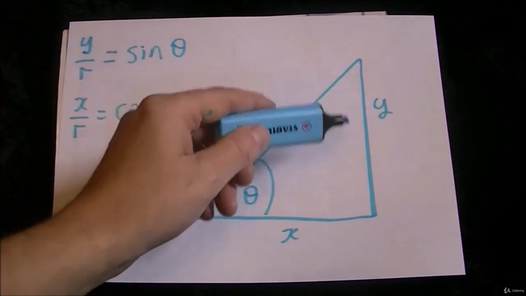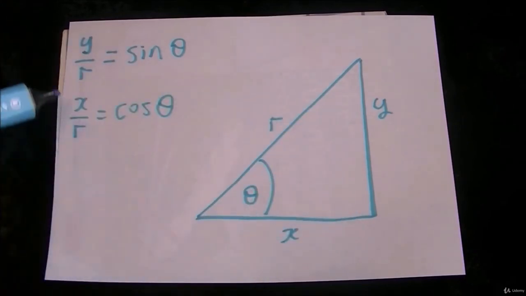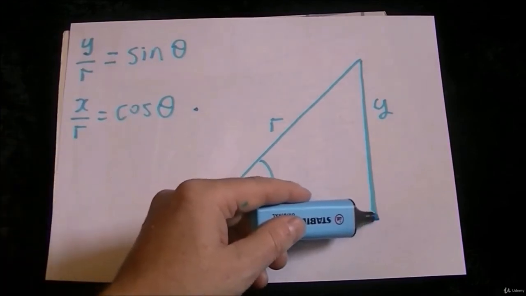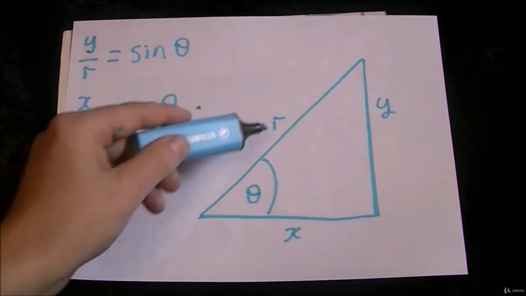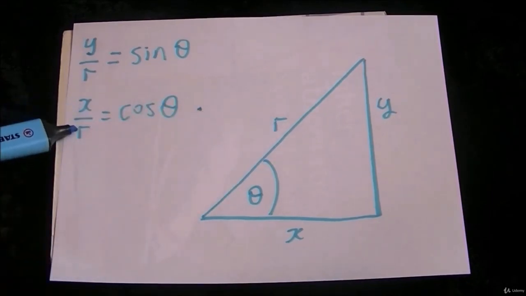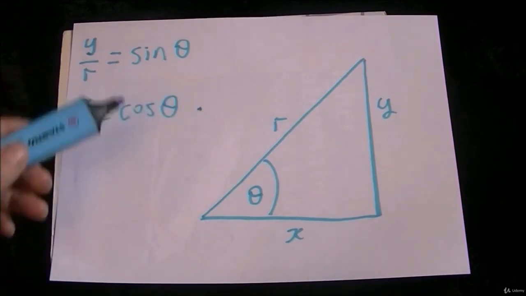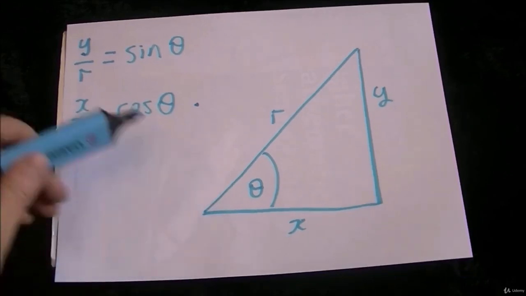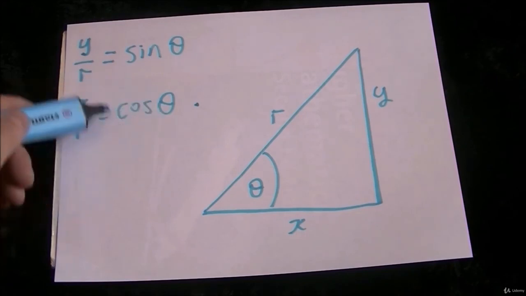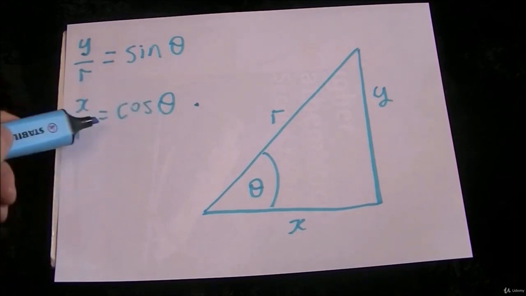The same goes for the second one here. We can look at the ratio of x to r, and we call that ratio x to r the cos of the angle theta. So rather than writing out the ratio of x to r, we replace that with the word cosine.